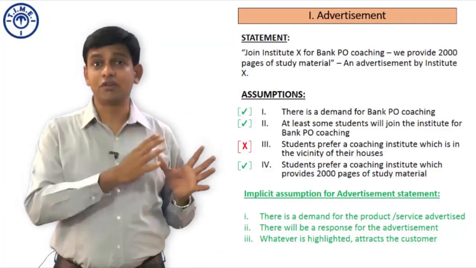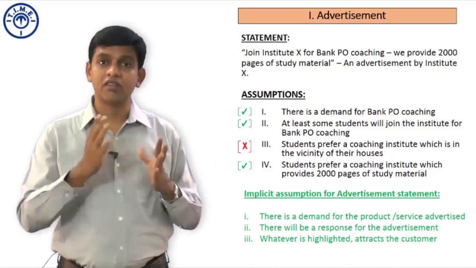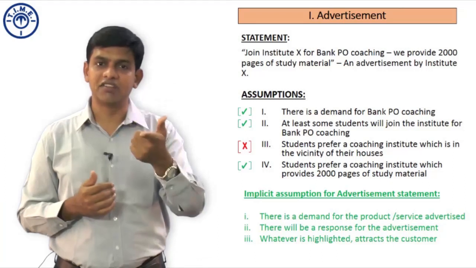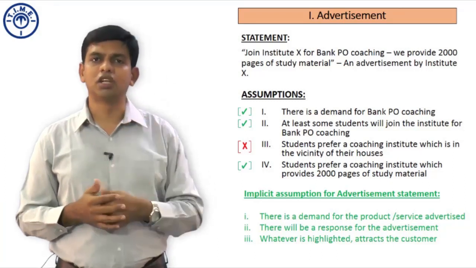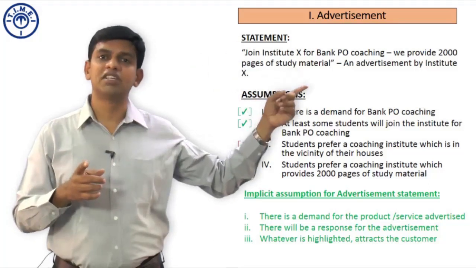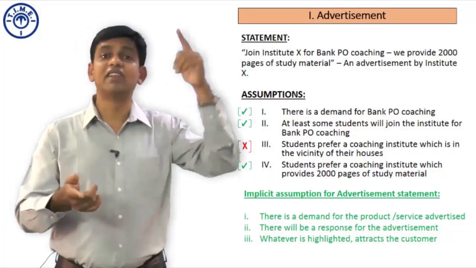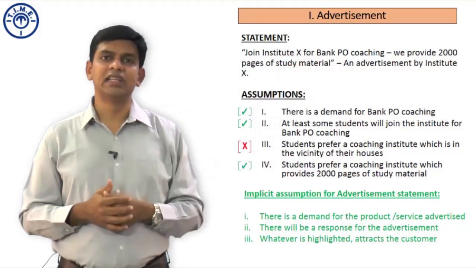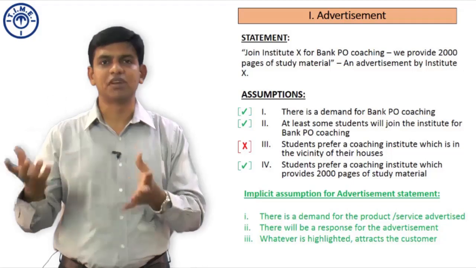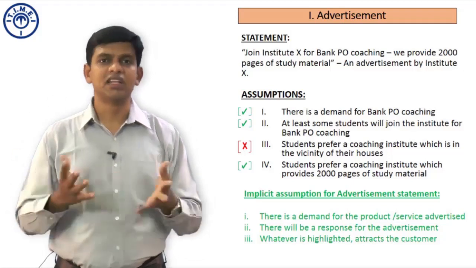So, that is what Institute X is trying to figure out here. So, the fourth assumption, look at it. Students prefer a coaching institute which provides 2000 pages of study material. This is the belief of the speaker, which is Institute X. Yes, it is a belief. That is the reason why it is highlighted in the advertisement. So, whatever is highlighted in the advertisement is what is preferred by the customers, is what we can say.